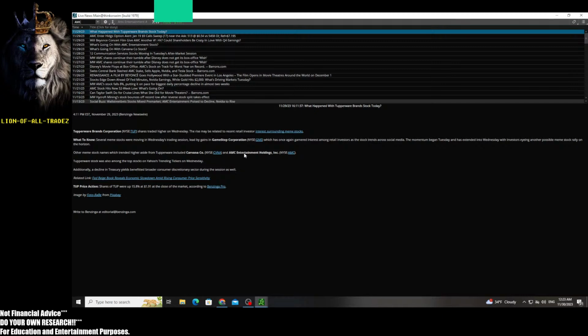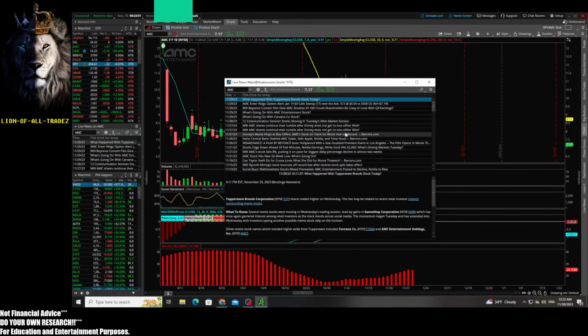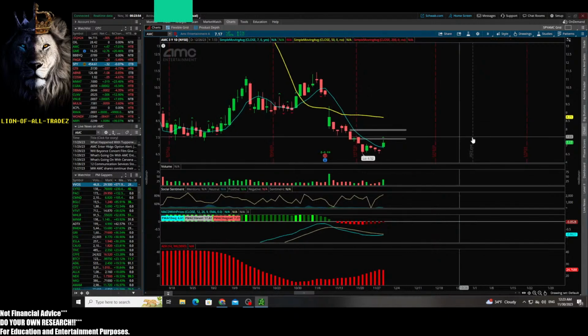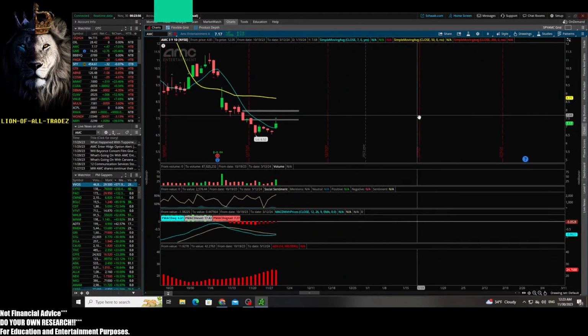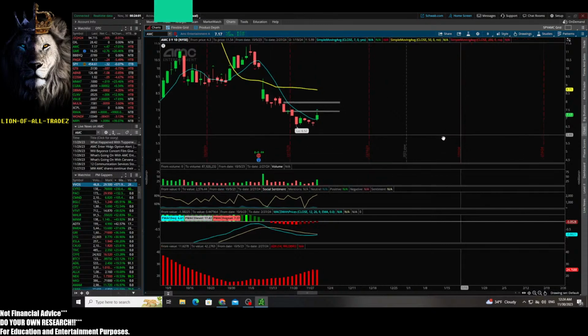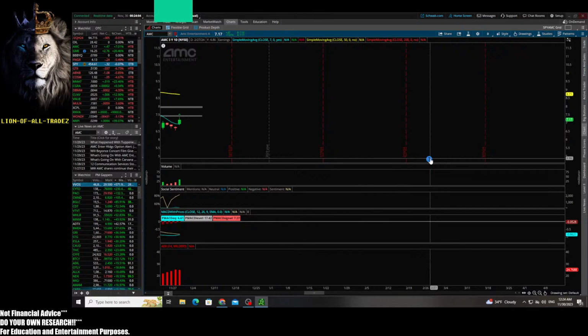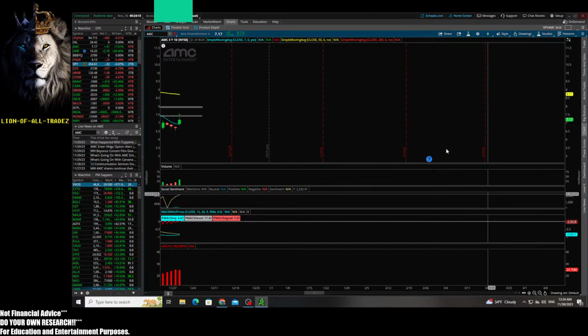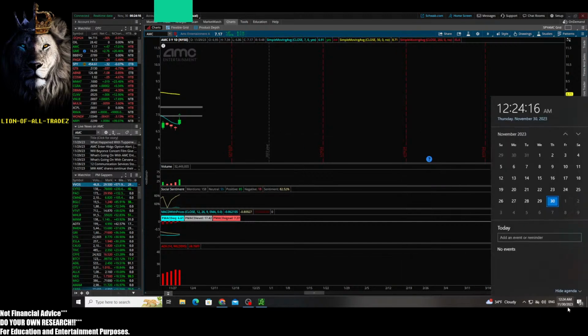Carvana and AMC. It's nothing big. Is there anything that's supposed to happen later on? Am I missing something? Earnings just happened on the 8th. And then we have the next earnings February 27th next year. That's on a Tuesday.